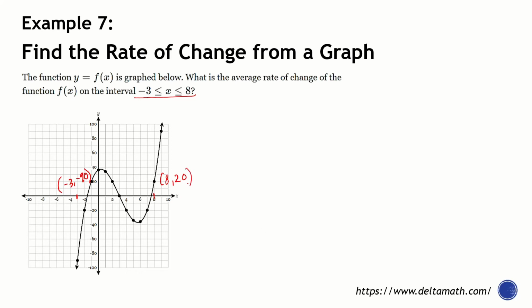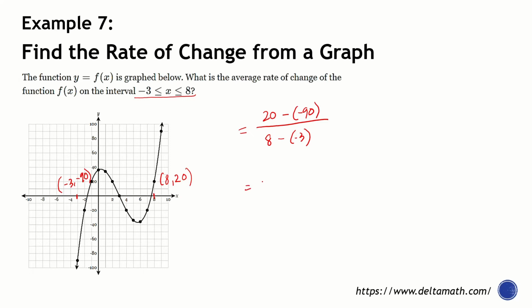So now that we have those 2 points, let's just use the rate of change formula or the slope formula. This is 20 minus -90 over, those are the output values, and 20 is the output value of 8. -90 is the output value of -3. So minus -3. All right.